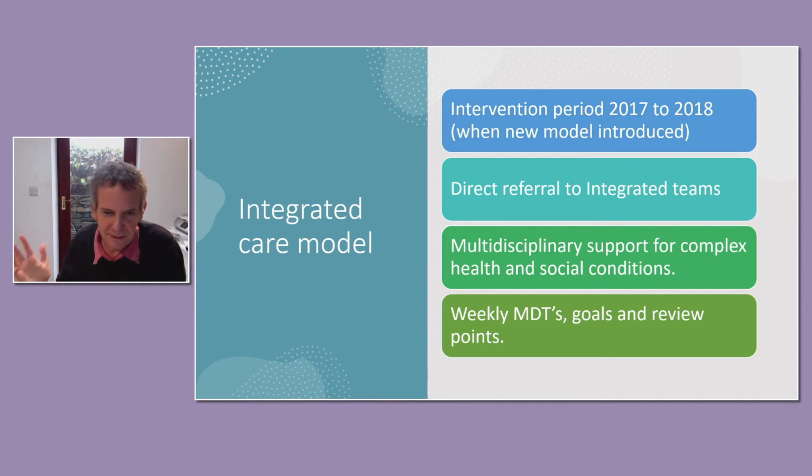It involved multidisciplinary teams, direct referral into those teams, and care planning with those teams with goals and review. The main outcome that we looked at in relation to that intervention was unplanned hospital emergency admissions. Next slide, please.